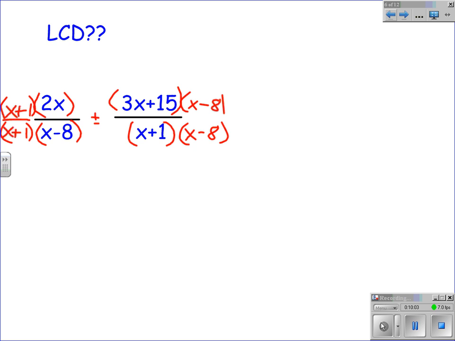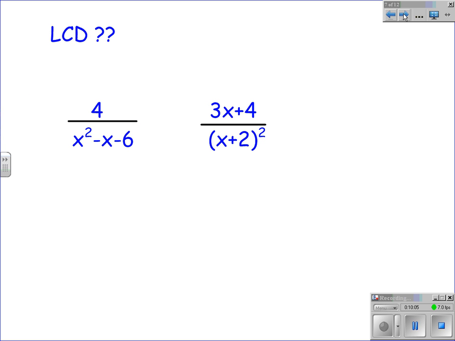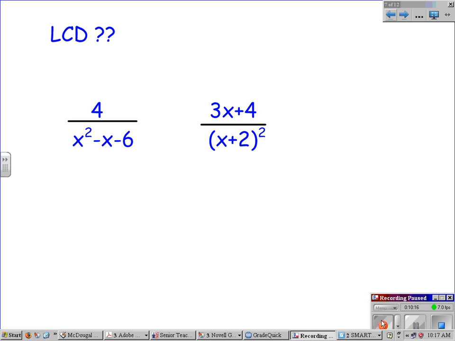Let's go a little bit harder then. Take a look at these and check out what the factors are and see what you have to multiply by to have common denominators. Feel free to talk to your partner. Some of you are stuck on that bottom, trying to come up with what the common factors are. First thing we have to do is factor the denominator of that first fraction. So x squared minus x minus 6.